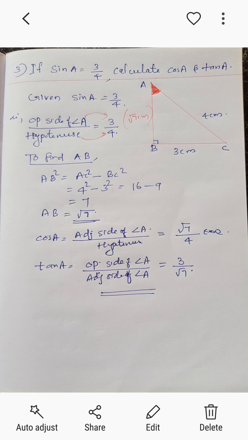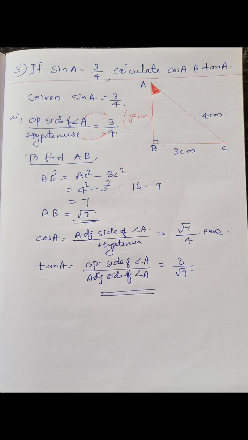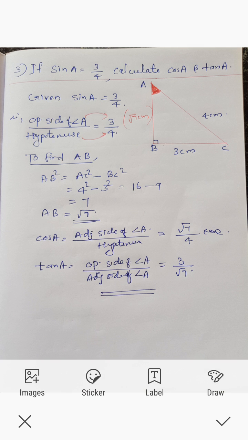Question number 3. If sin A equals 3 by 4, calculate cos A and tan A. In this figure, sin A is 3 by 4, sin A is given with respect to angle A, the sine ratio is given.